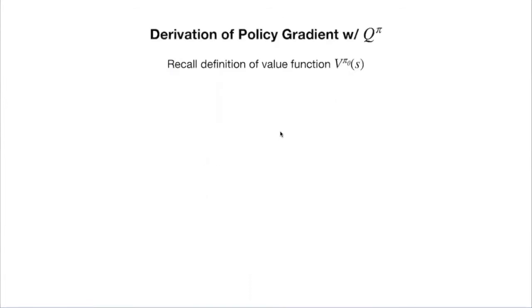Let's jump into deriving a policy gradient formulation using the Q value. If you recall REINFORCE, one of the terms looks like this. There's a summation over H, but one of the terms looks like this. This looks a bit weird because I'm at time step H, but when I multiply this scalar, I'm still looking at the entire trajectory's reward.